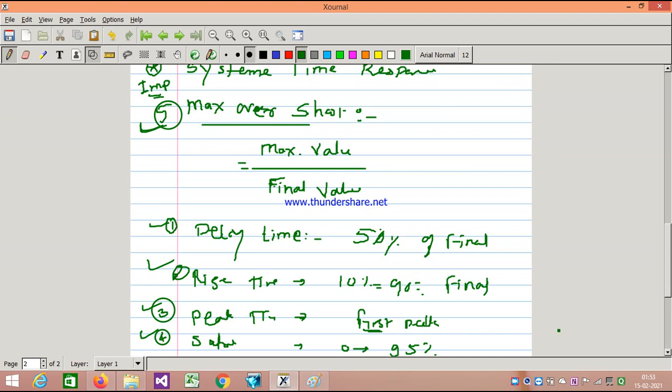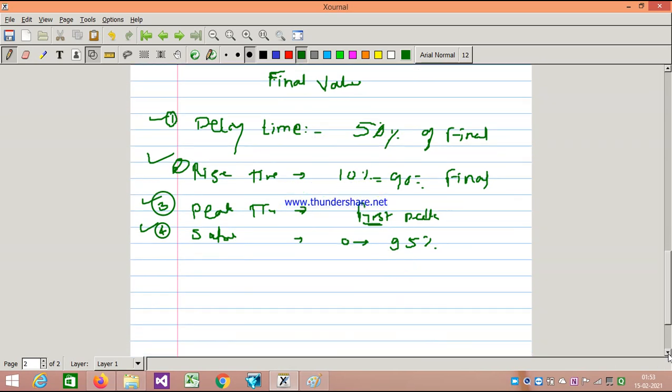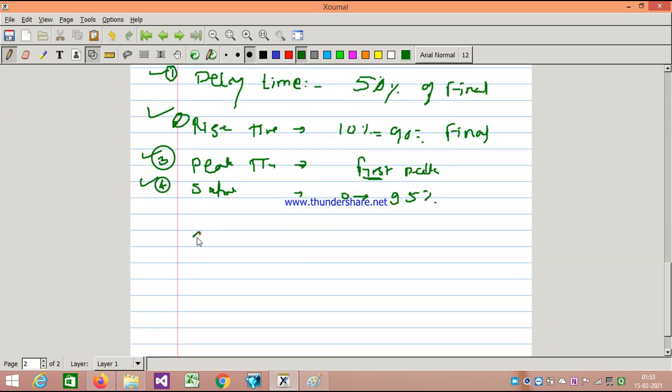And one more parameter is there, called the steady state error. Steady state error is an important one. It is indicated by ESS. What is the steady state error? For a step excitation, the difference between the desired output and the final value of any system is called the steady state error.